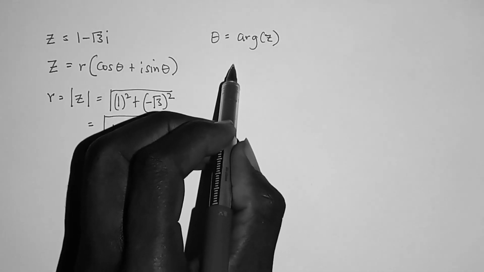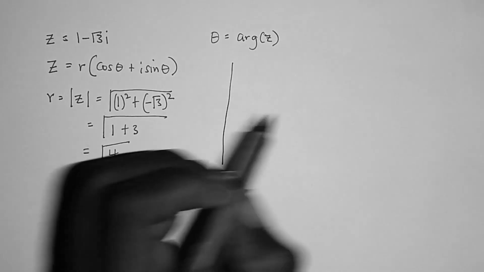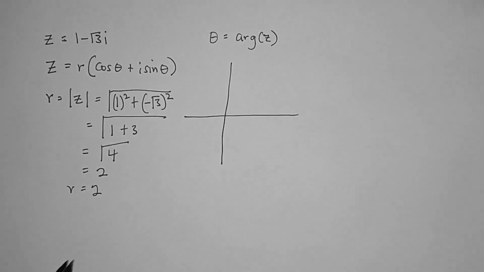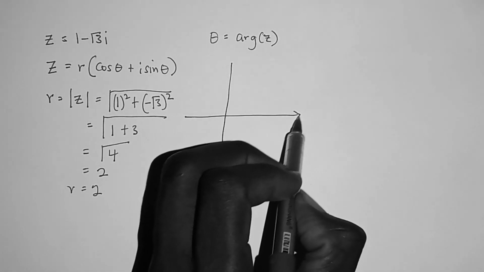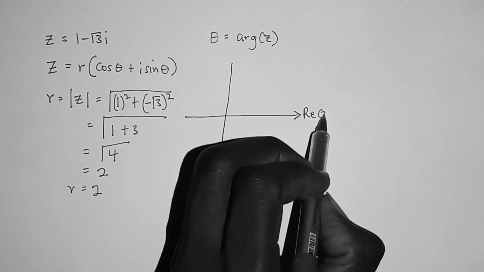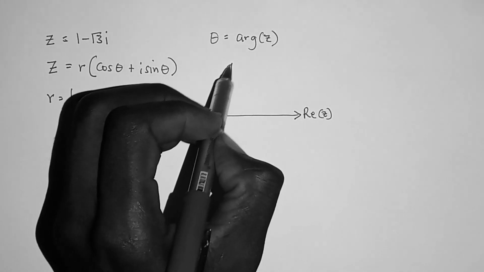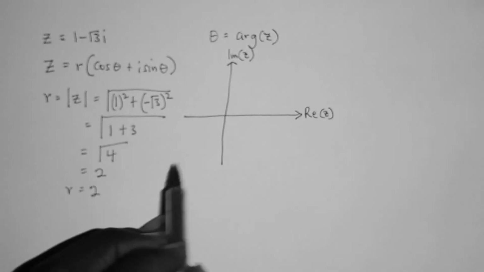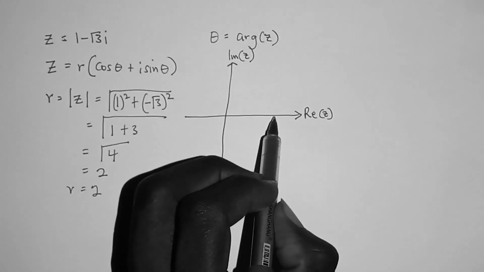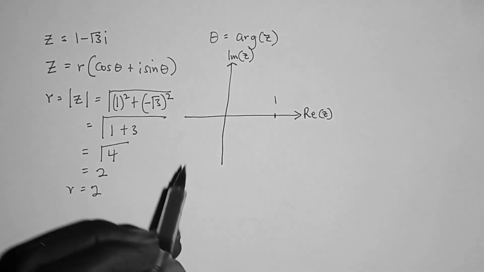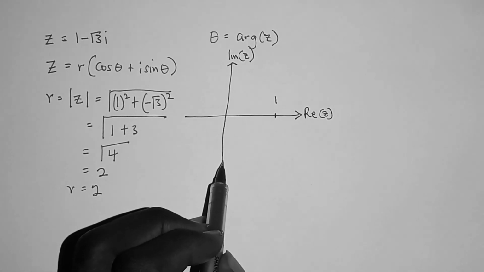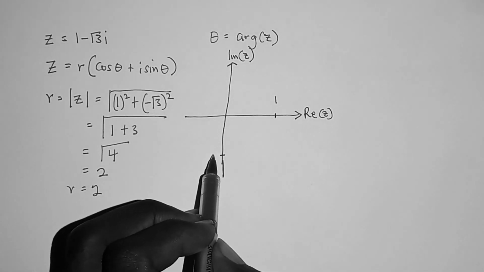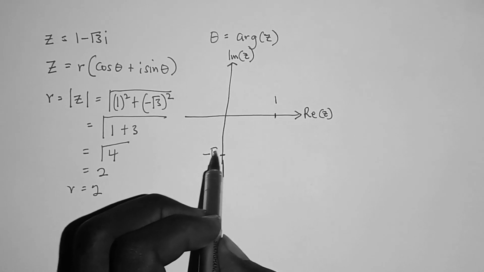To find the argument of z, we need to sketch it on a Cartesian plane. So this is the real part of z, and this is the imaginary part of z. Let's assume this is 1, and on this axis, this part is minus root 3.